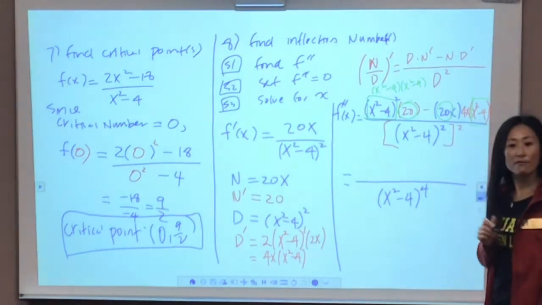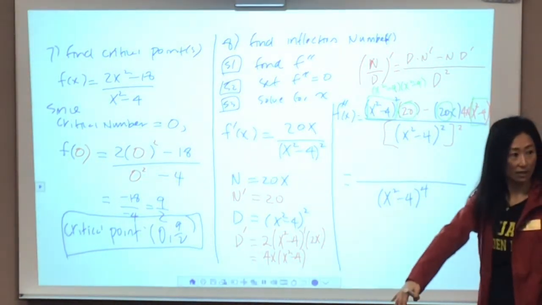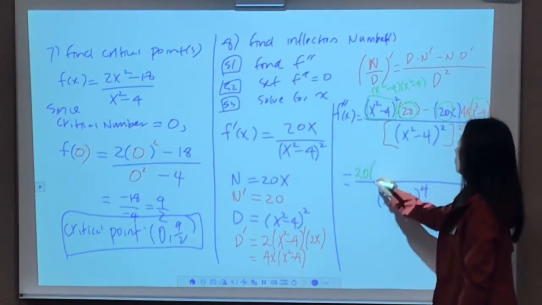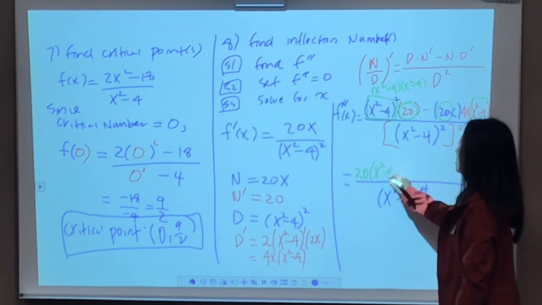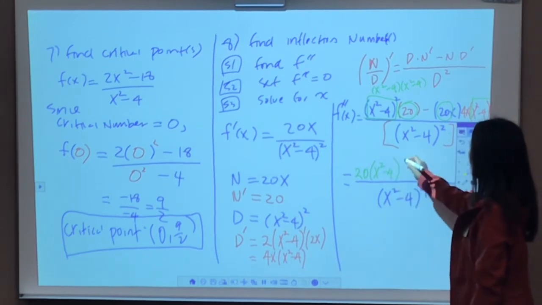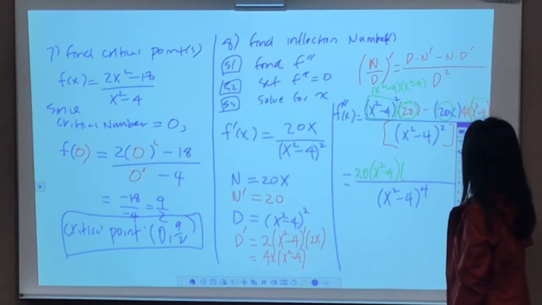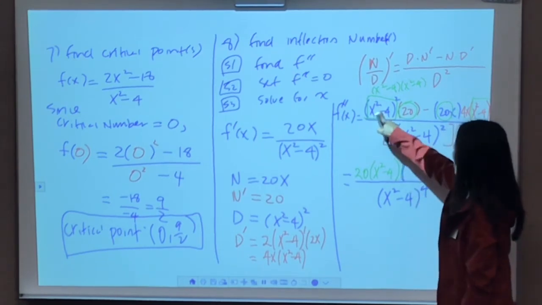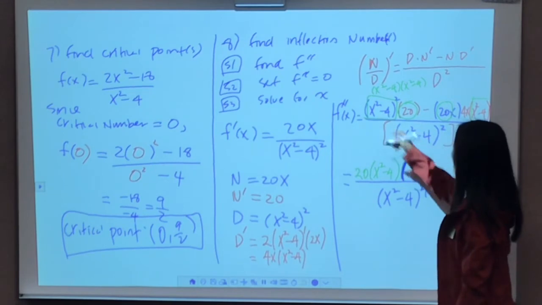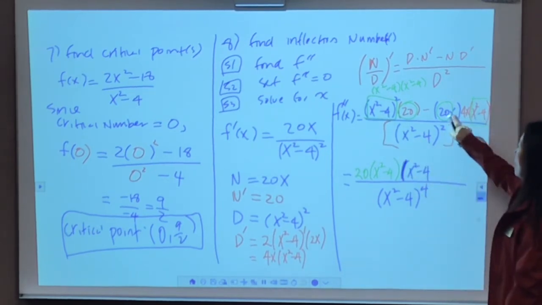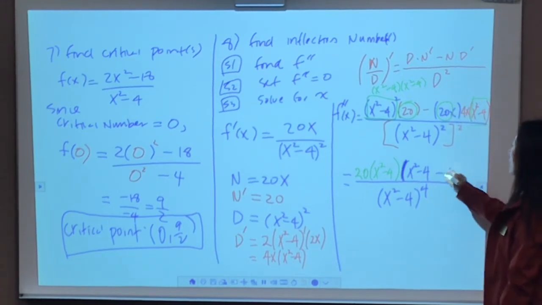So those are the common factors I can bring out in the front. So I bring out 20. I also bring out x squared minus 4. What did I not bring out? What I didn't bring out is one of them left, x squared minus 4. What else? X. So negative x times 4x, which is negative 4x squared. That's it.